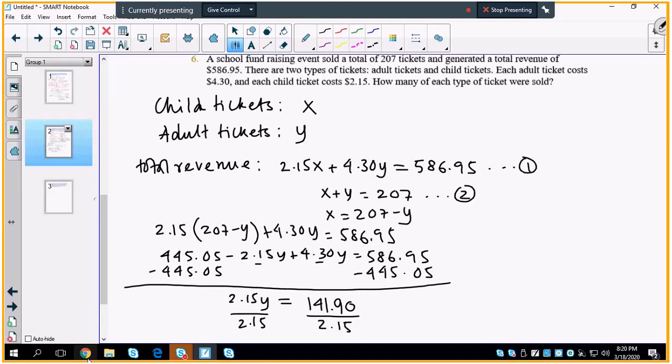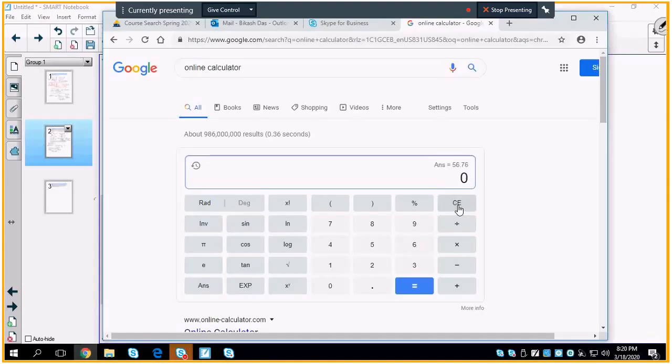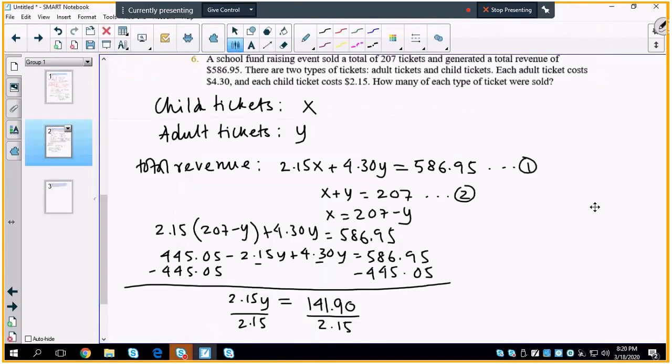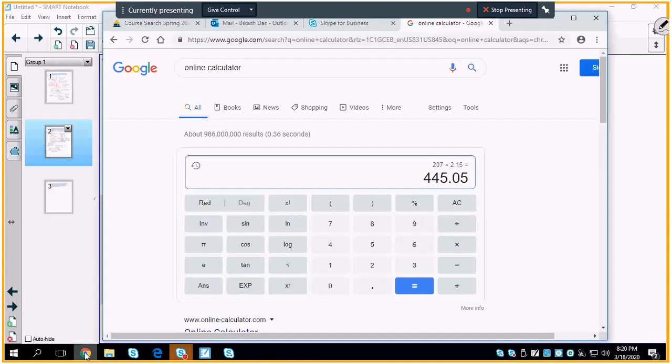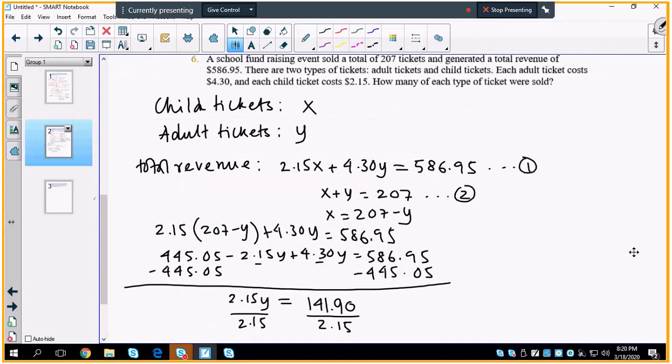Let's do that calculation one more time. 207 times 2.15 is 445.05 minus 2.15y plus 4.30y. So that's 2.15y, and I will do the subtraction in the calculator one more time. So 586.95 minus 445.05 is 141.9, and it seems like we did it right.